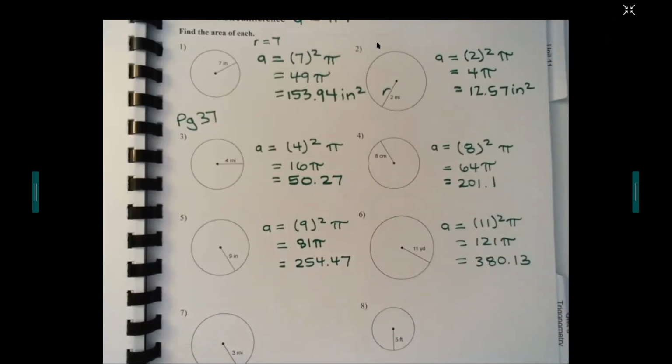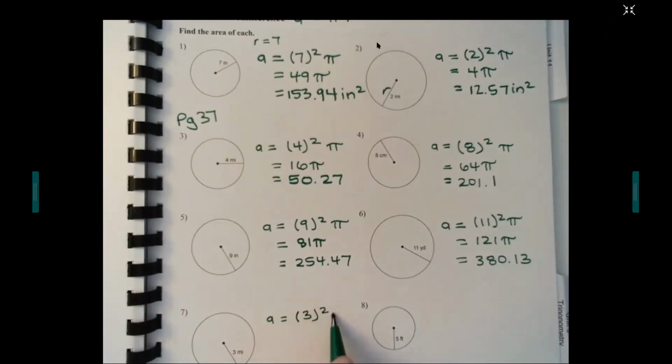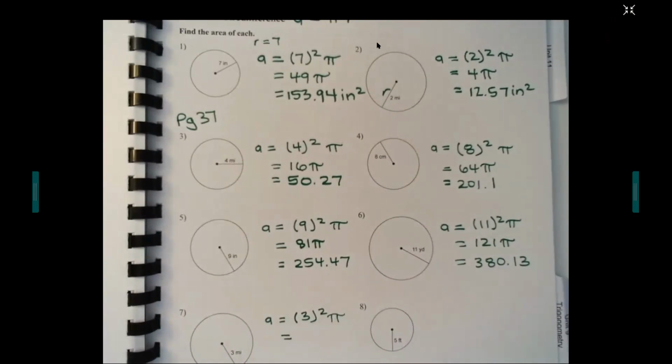Rick, number 7 and 8. Okay, so for number 7, the radius is 3. So I plugged it in for area equals, in parentheses, 3 squared times pi. Very good.